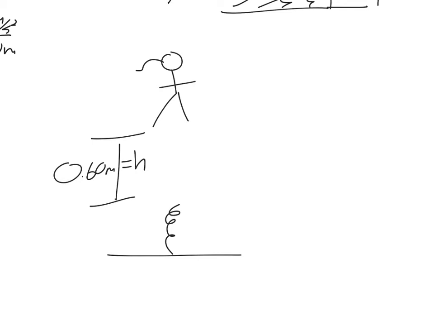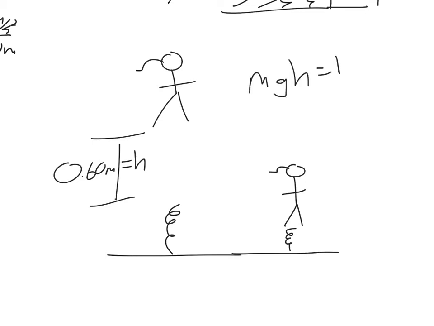They land on the spring, and I'll draw that over here, and it compresses until they're standing on it, and now they're down here. The mistake you don't want to make is this one. You cannot say that mgh is going to be equal to half kx squared. That is the trouble that people get into with this.